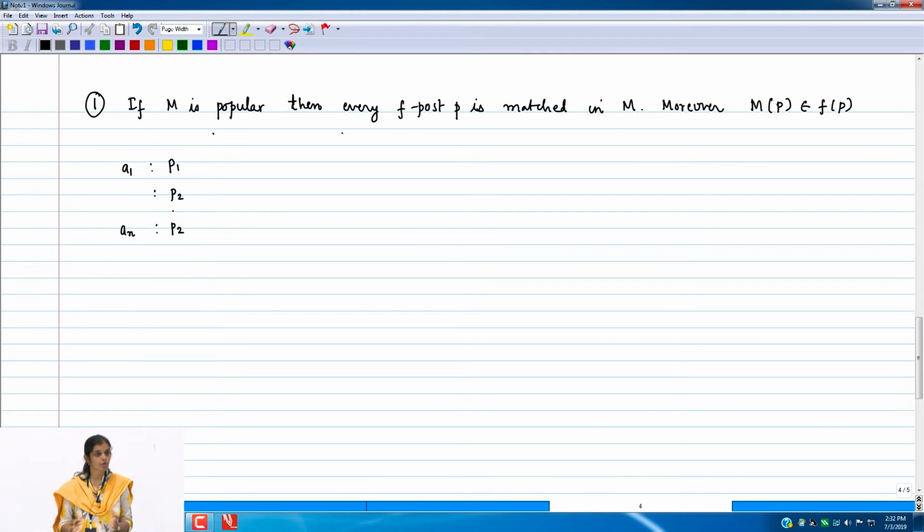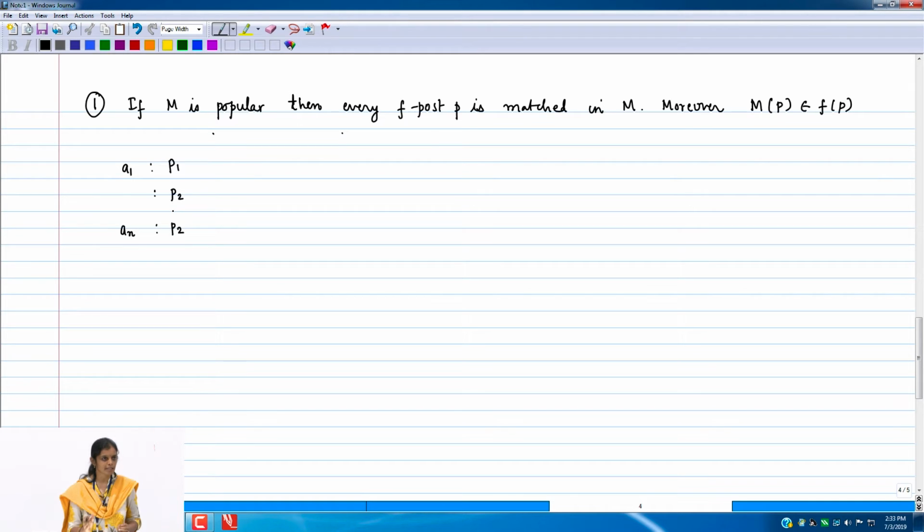We do not know whom to assign them to, but you can think of them as being matched to somebody, right? If there are not enough posts among the F posts, there are some applicants who need some other posts, right? Then everybody need not get matched to their first post in a popular matching, but some other posts may be of use.